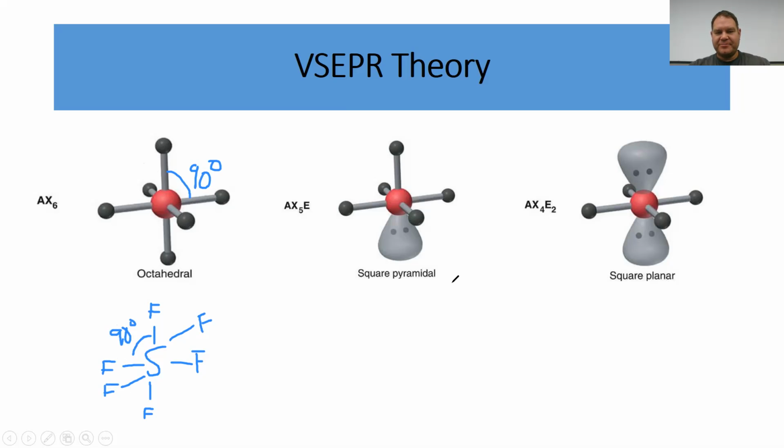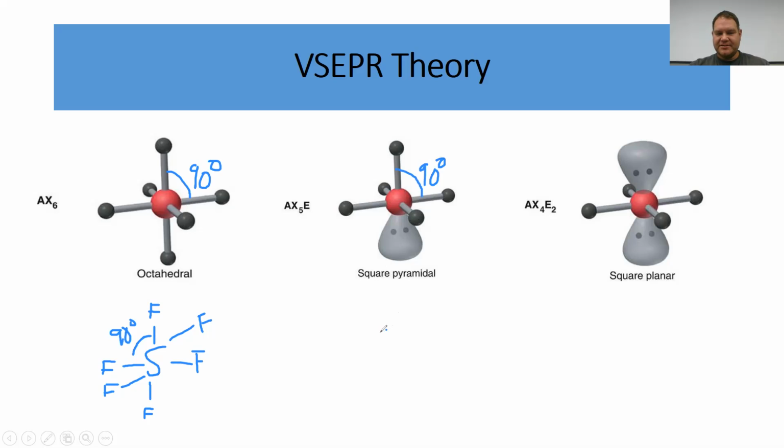A square pyramidal is just one of the bonding domains is now a lone pair. Okay, the angles are still going to be 90. So that's what's awesome about all of these 6 domains. If you see 6 domains, all the angles are going to be 90 all the time.